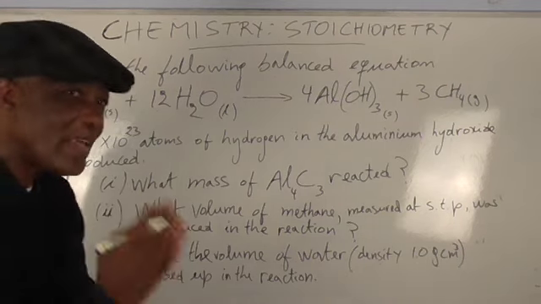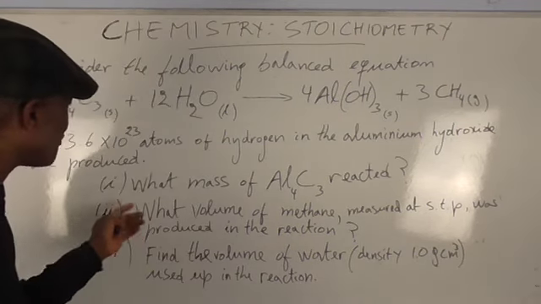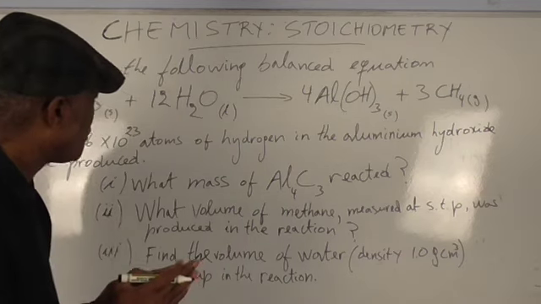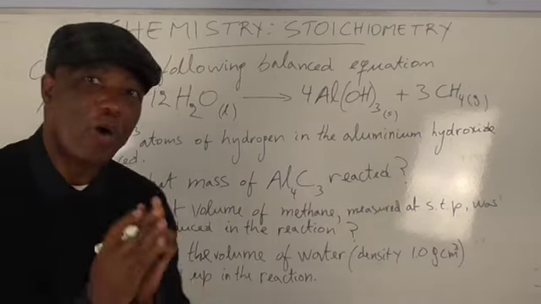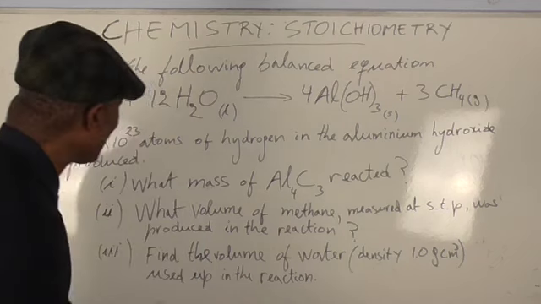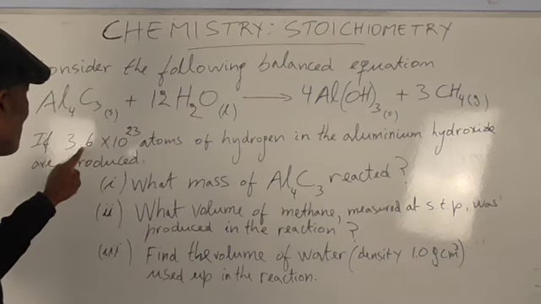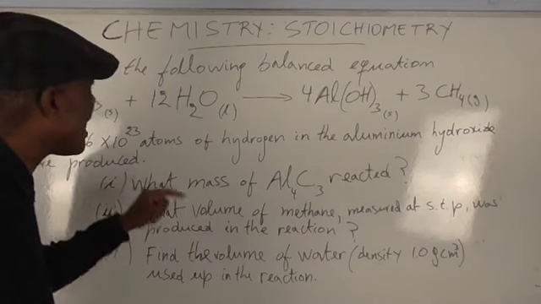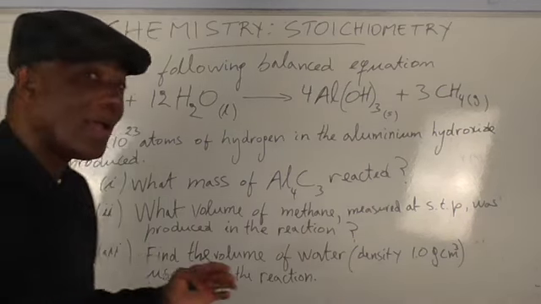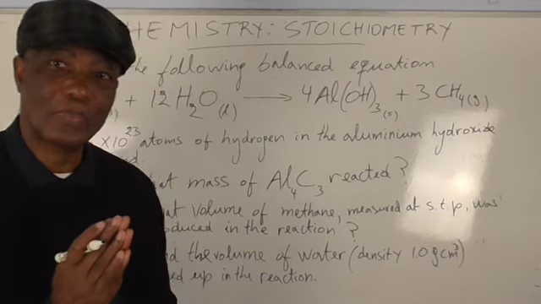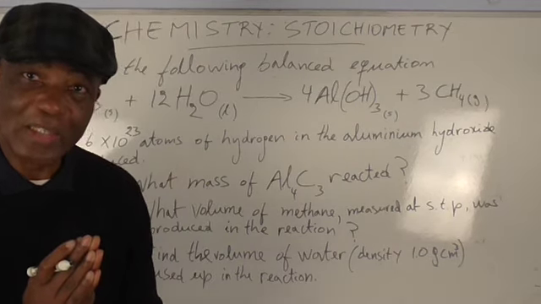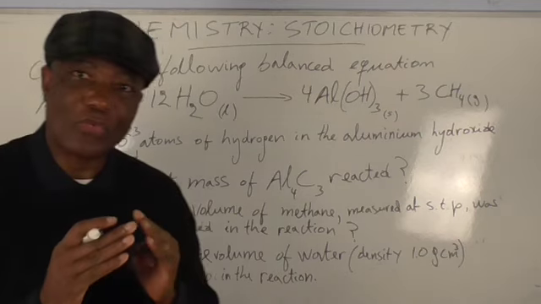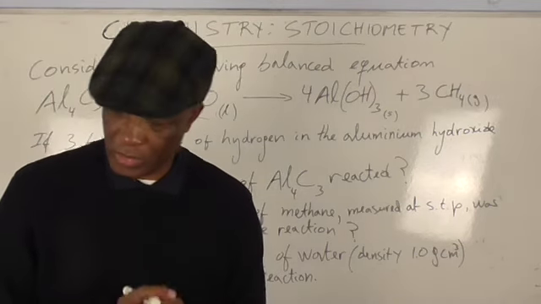Okay, so we need here to answer our very first question. We need to know what is the number of moles that correspond to 3.6 multiplied by 10 to the power 23 atoms of hydrogen. We need to get that number of moles.